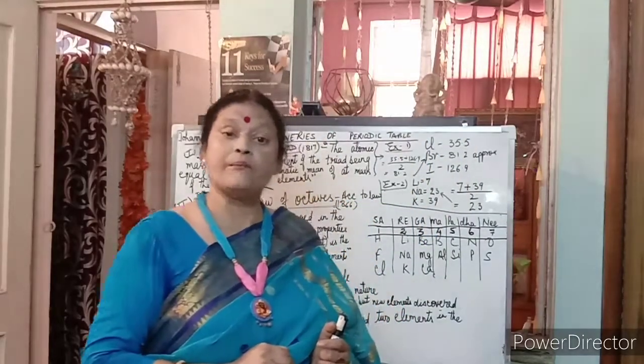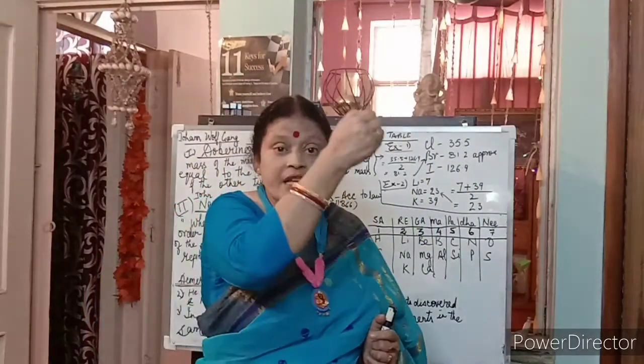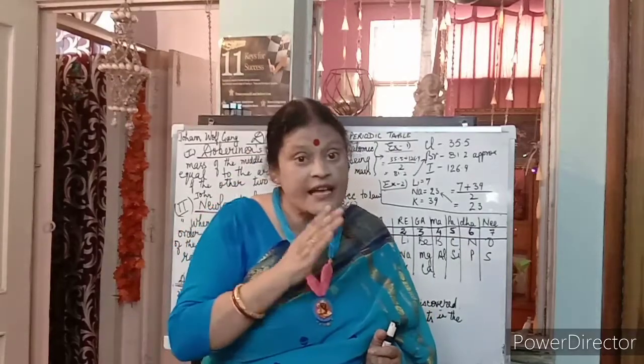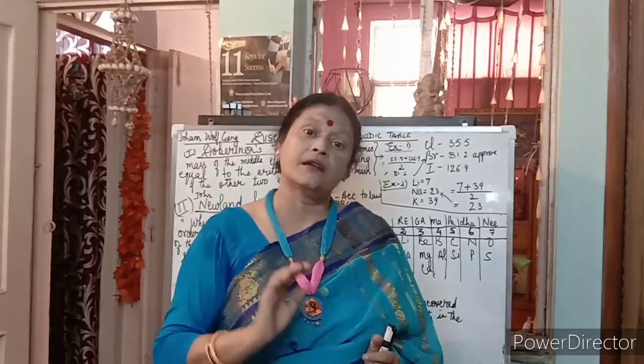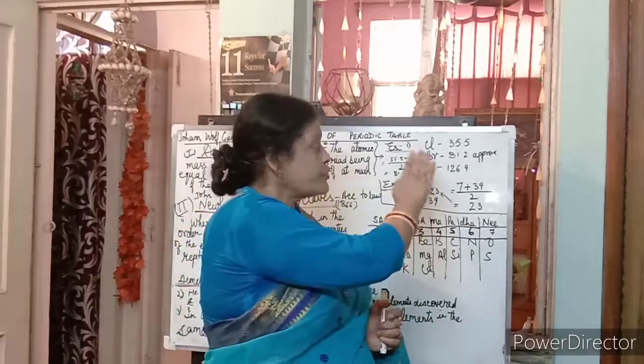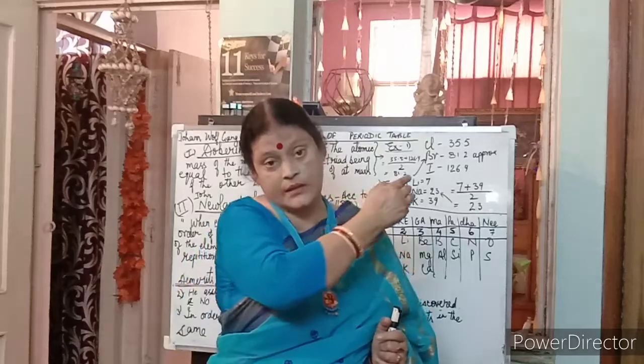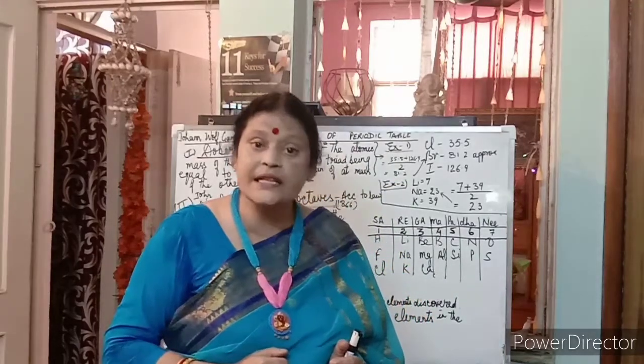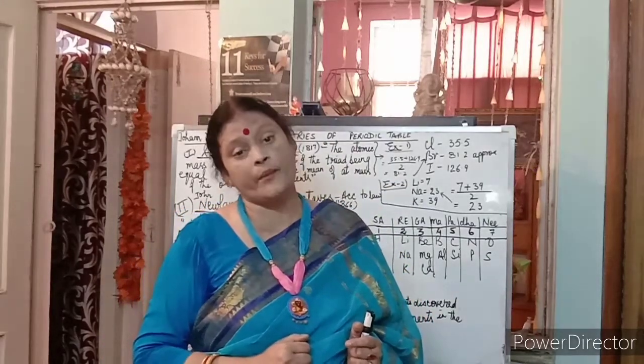So what is the major thing? He arranged the elements according to increasing atomic mass, which has continued till the modern periodic table. Mendeleev also used this process, but mostly arranged according to atomic number.